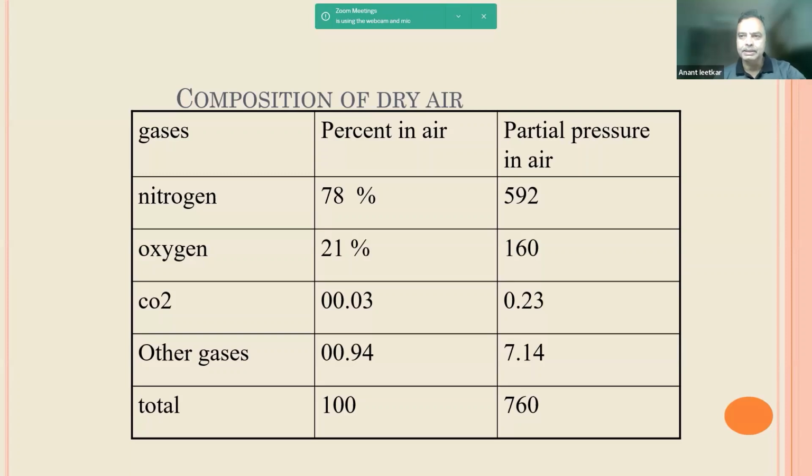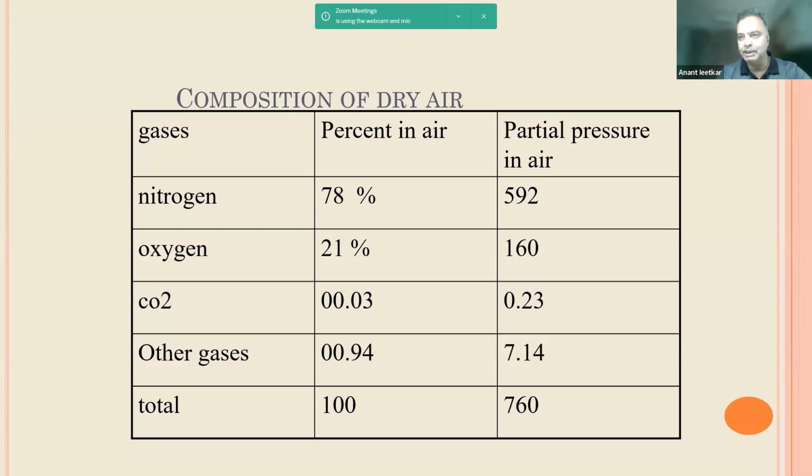And these gases exert a proportionate pressure in air. At sea level, we have a pressure of 760 mmHg, that is the routine barometric pressure at sea level. So nitrogen exerts 78% of the pressure, that is 592 mmHg.